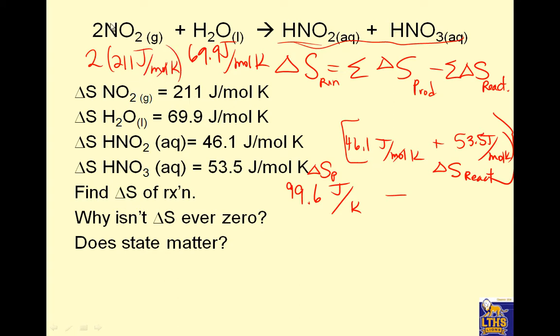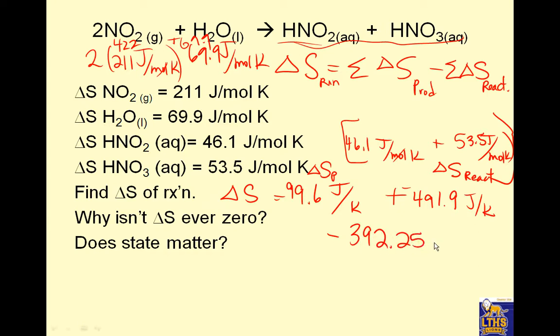So we get 422 plus 69.9, and that gives us 491.9. So 99.6 minus 491.9 tells us that delta S for this reaction is negative 392.3 joule per Kelvin. Sorry, I put kilojoule; it's joule per Kelvin.